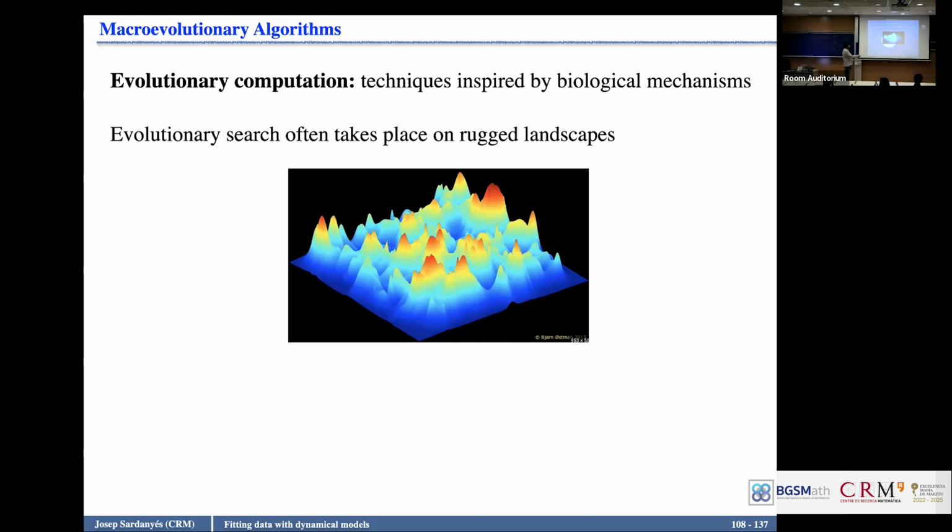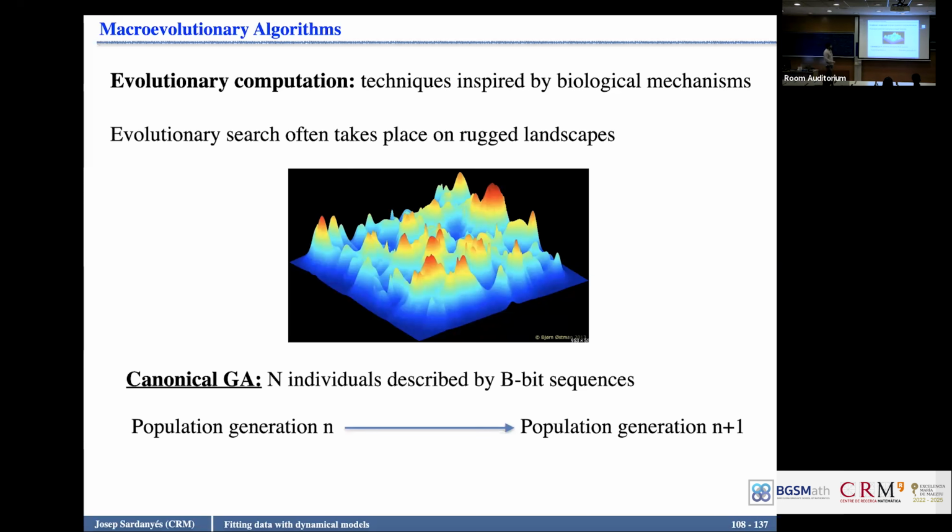So if we twist this image, this would be the local minima that we are trying to find. Of course, here you can see that this one probably is the best solution, but you have a lot of local minima. Then, if we have a landscape like this, we will be in danger of being trapped in a local minimum and not finding the optimum.